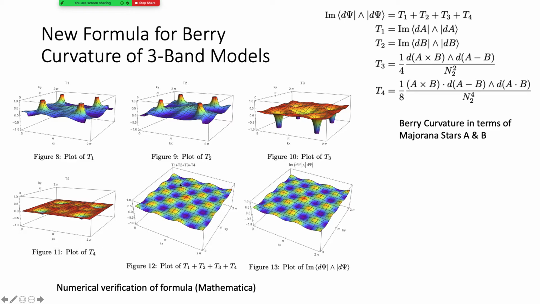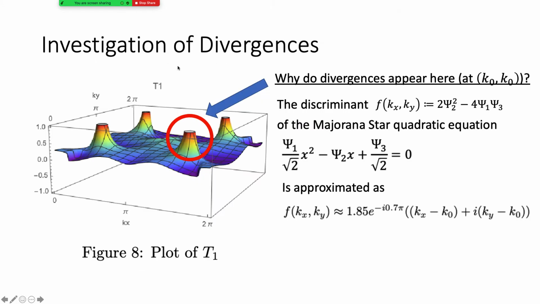We can see that figure 12 is relatively uniform, but if we split it up into figures 8 to 11, then some problems appear in figures 8 to 10. Namely, figures 8 to 10 have these divergences.